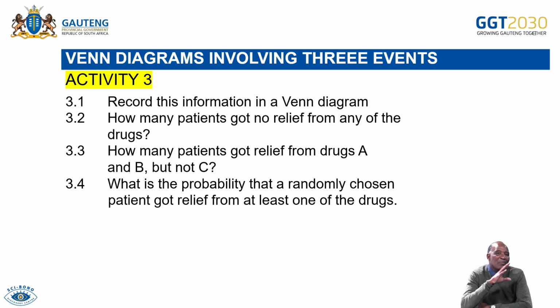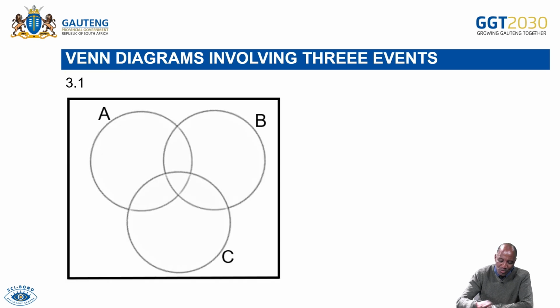So it's A and B only, but not C. The last question says, determine the probability that a randomly selected patient got relief from at least one of the drugs. At least one cured me. How would you answer such a question? First things first, you need to draw a Venn diagram. I'm going to give you this sketch. Quickly copy that sketch.